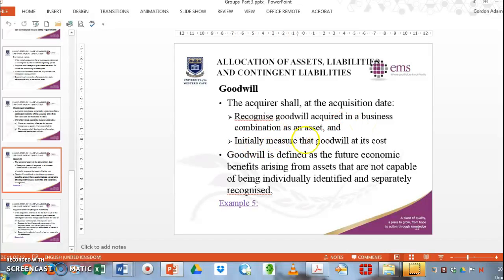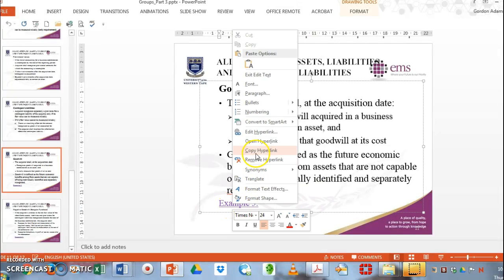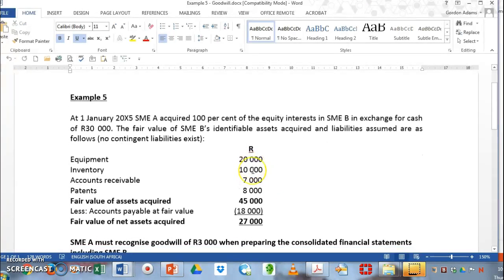Initially measure the goodwill at its cost. So goodwill is basically defined as the future economic benefits arising from assets that are not capable of being separately identified and separately recognized.